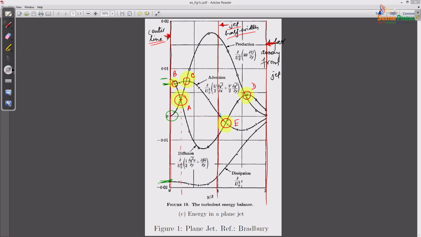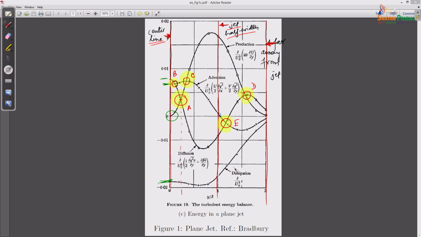The diffusion is less than the negative minima, and the dissipation is slightly more than the minima. So dissipation actually starts increasing.